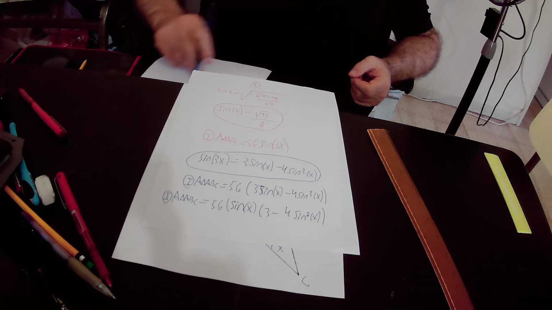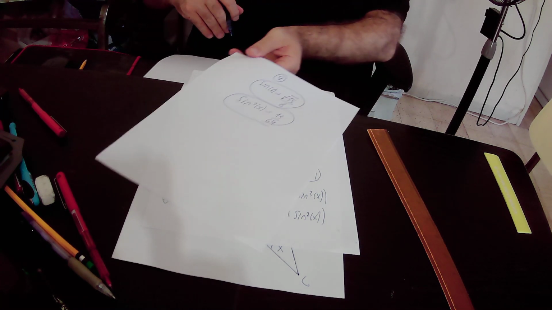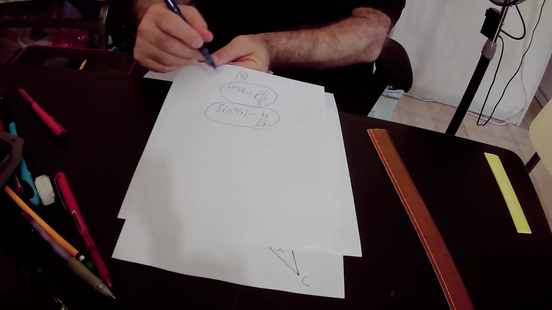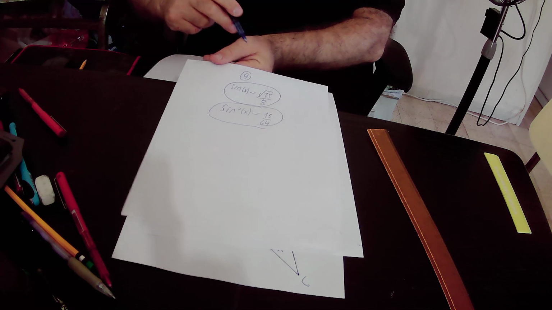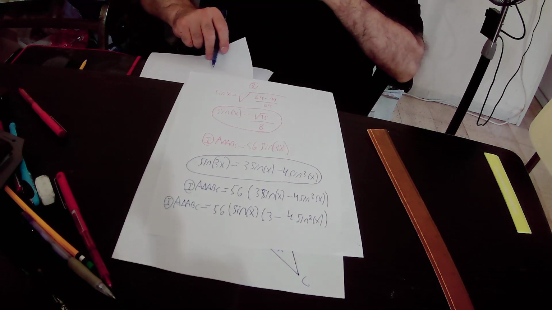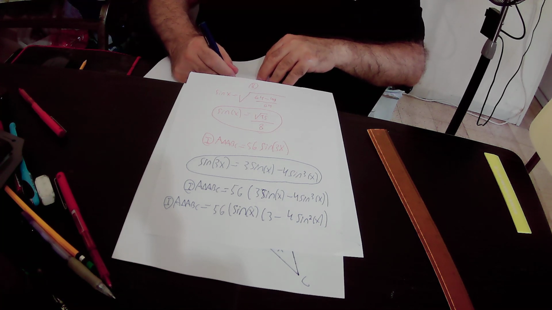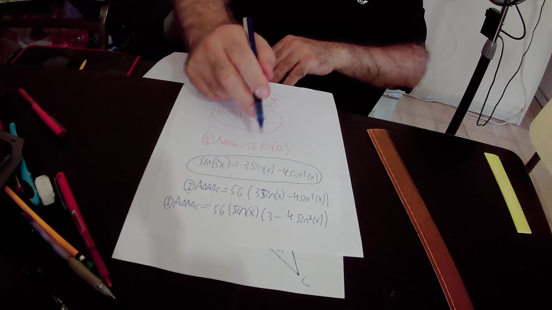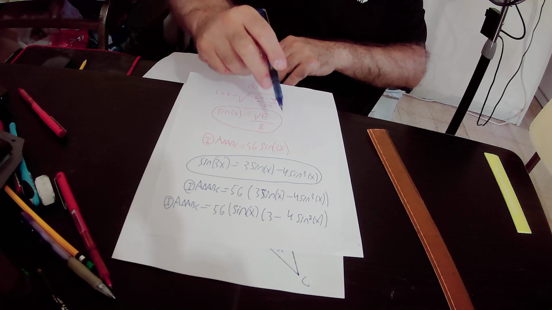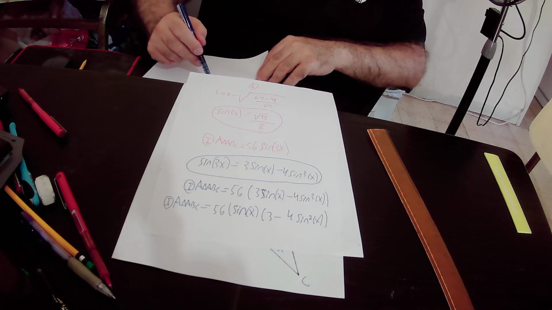So in total, sine x equals root 15 over 8, and sine squared x equals 15 over 64. The only thing left is to substitute sine x by root 15 over 8, and sine squared x by 15 over 64.